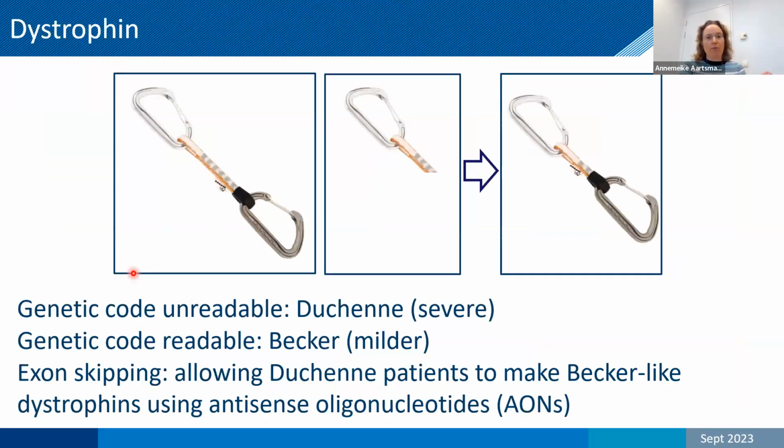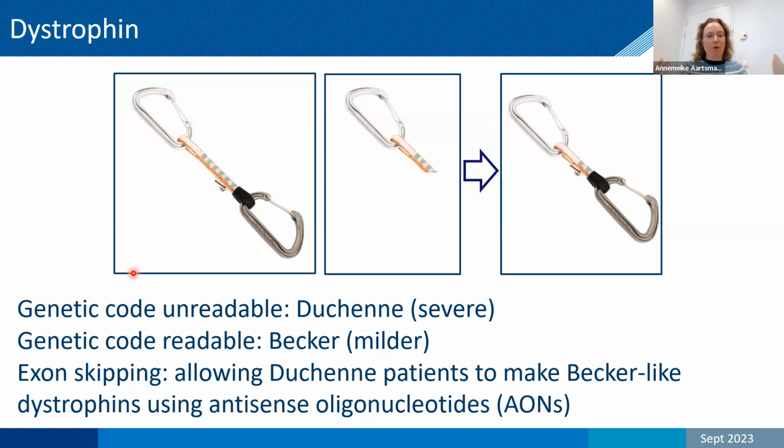The disease is caused by a lack of a protein called dystrophin, and I like to use the carabiner as an example of what dystrophin does because it connects the inside of the muscle fiber to the outside of the muscle fiber, and in that way it provides stability to the muscle fiber during contraction. And it's similar to the carabiner because you don't need dystrophin to have muscle, you don't need dystrophin to use your muscle, you need it to prevent damage.